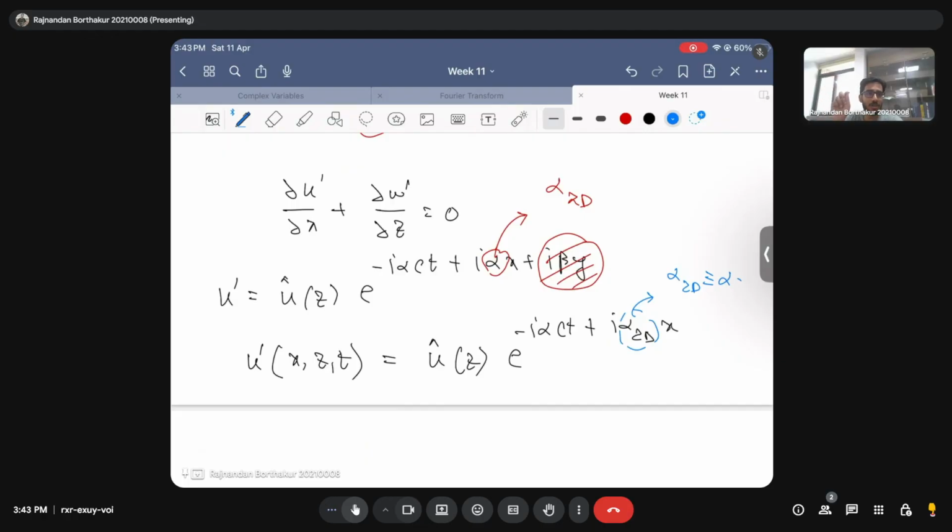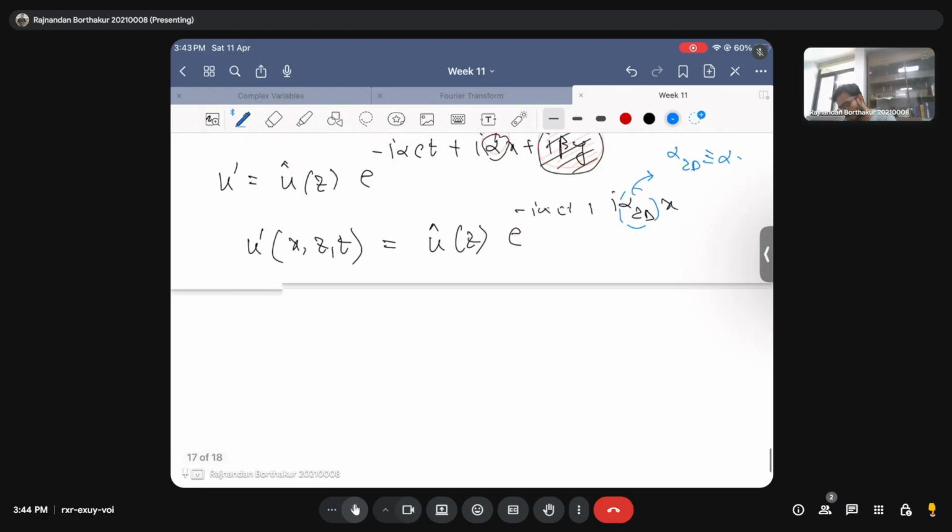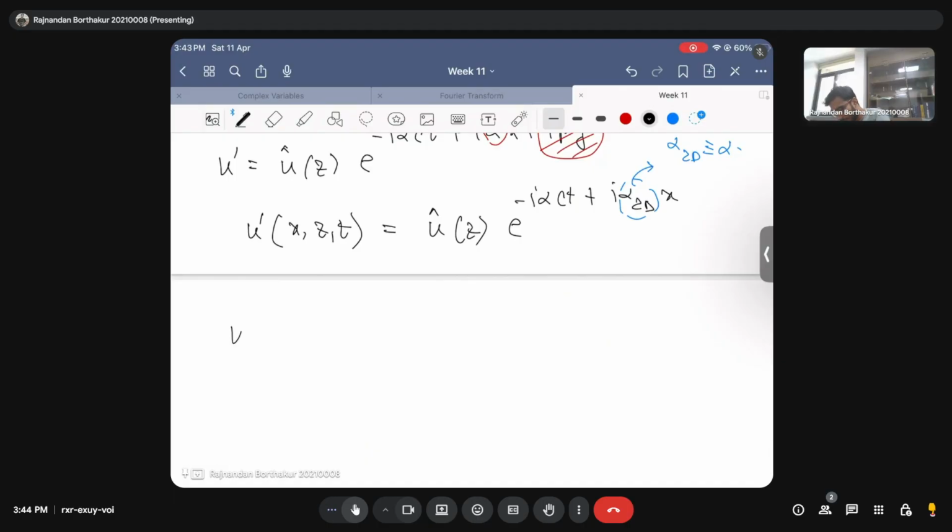This is alpha corresponding to the 2D problem. Which means u dash of x, z and t is u hat of z times e power, and if I take i alpha common, this precisely becomes x minus ct. That's it. That's the normal mode.